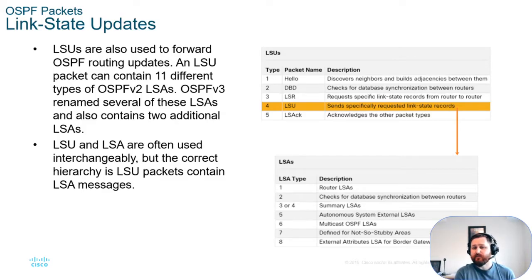Essentially, this is just a flag that says this is the type of information that's going to be contained in the link state update message that's being sent back and forth. So after routers have sent out their hello messages, you'll see summary LSAs, so type 3 or type 4, being sent back and forth between neighbors.